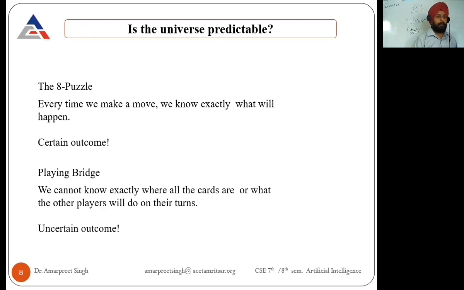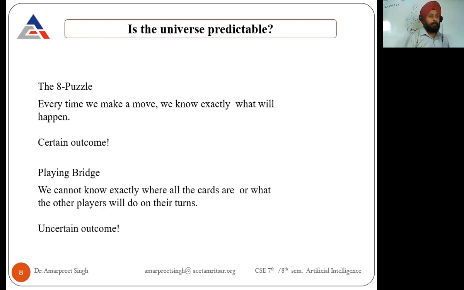Just see the example of the 8 puzzle. Every time you make a move, you know exactly what will happen. So there is a certain outcome. On the other hand, when we play bridge, we cannot know exactly where all the cards are, or what the other player will do on its move.